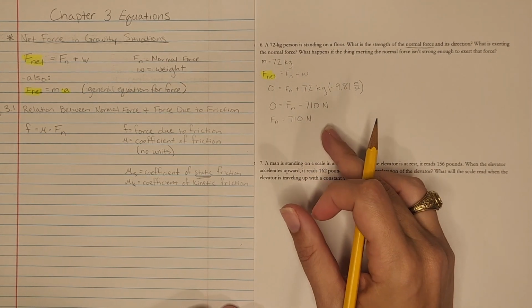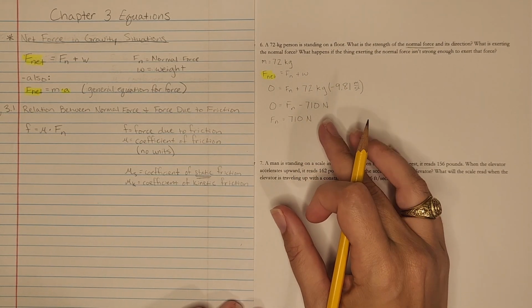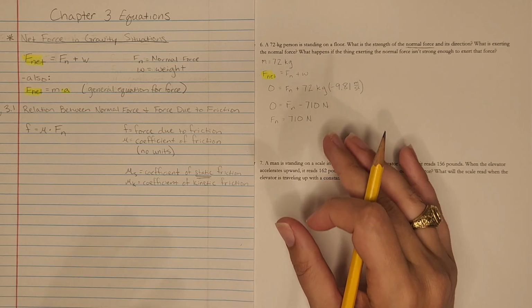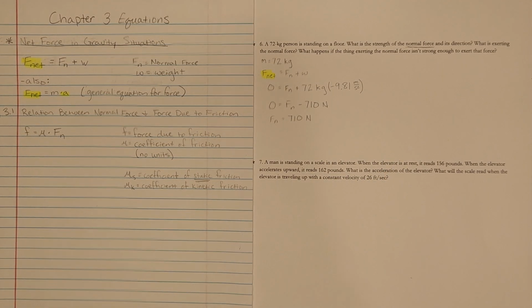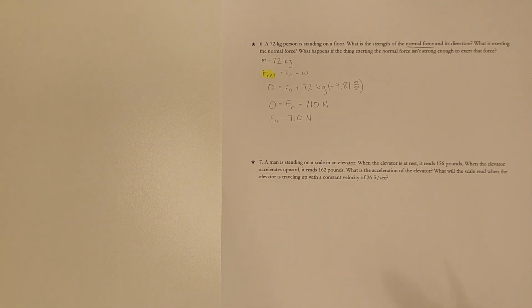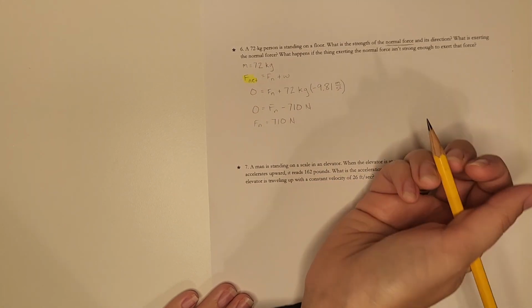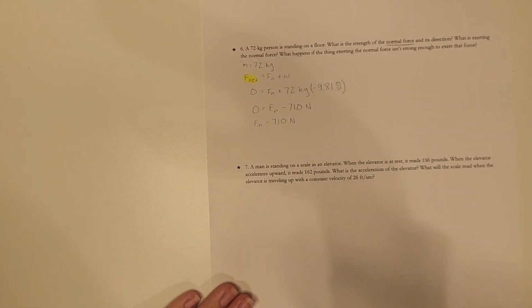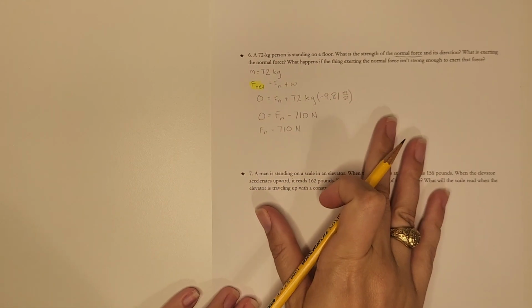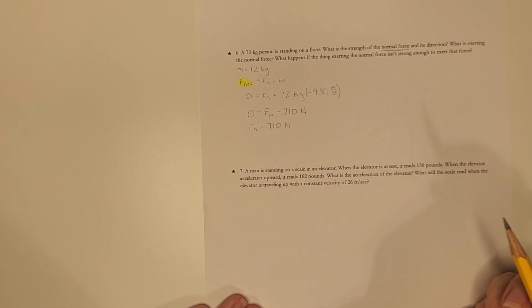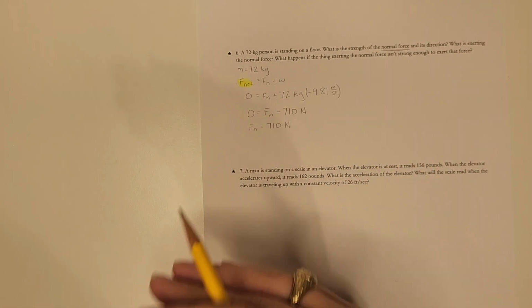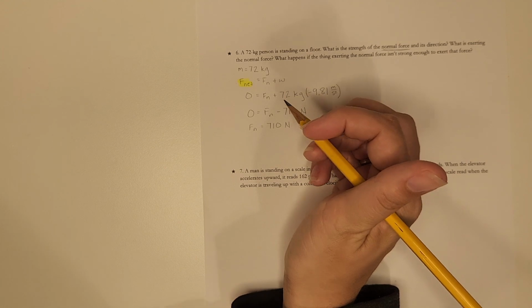And so that is the force that is being exerted by the floor pushing up on the person that is standing on the floor. That is the equal but opposite reaction from the floor.